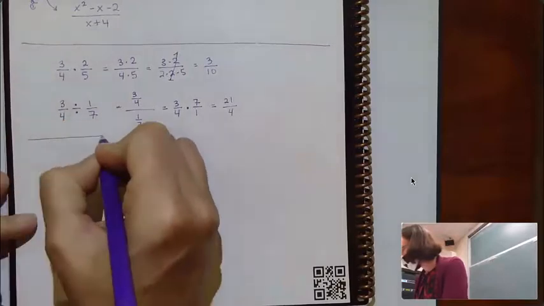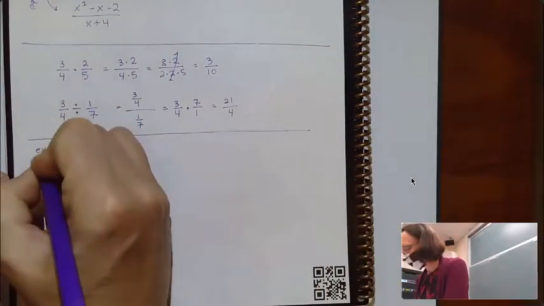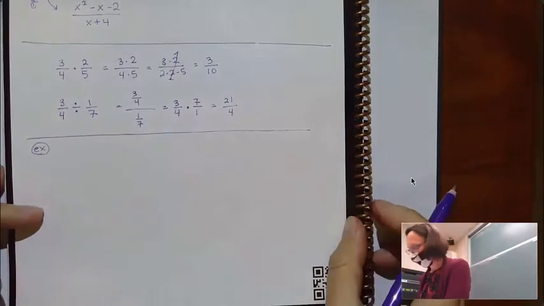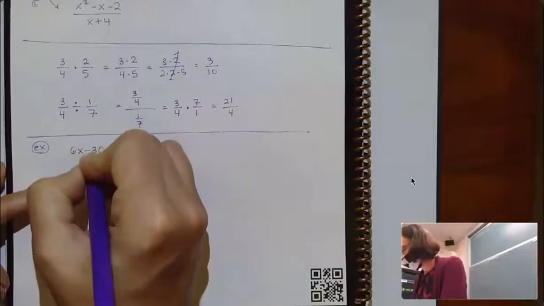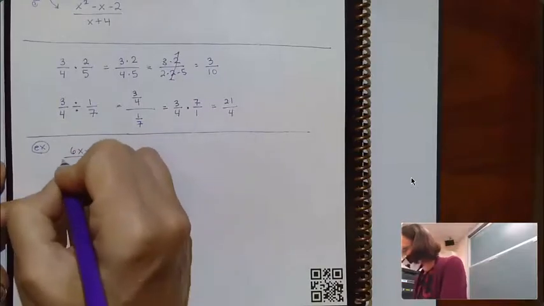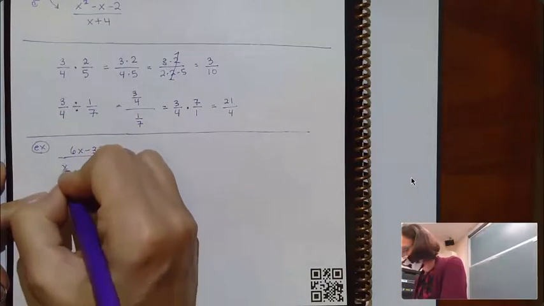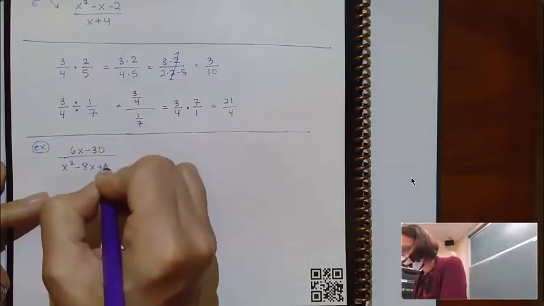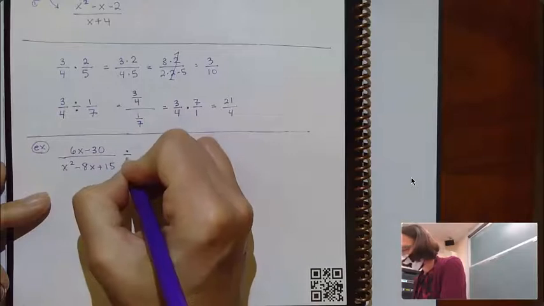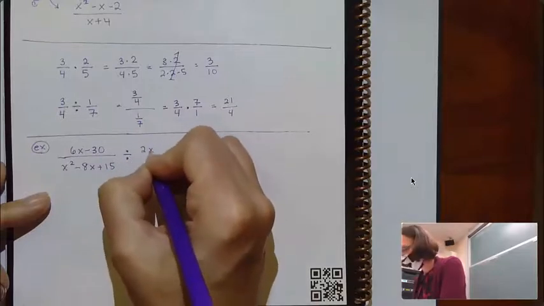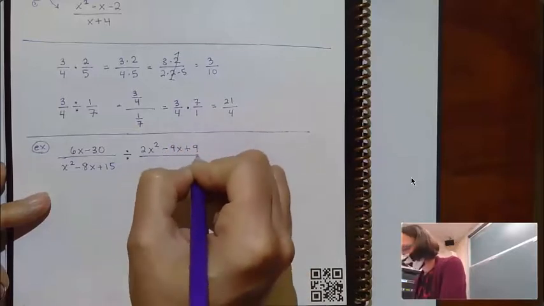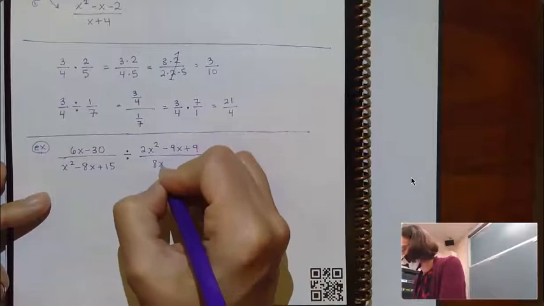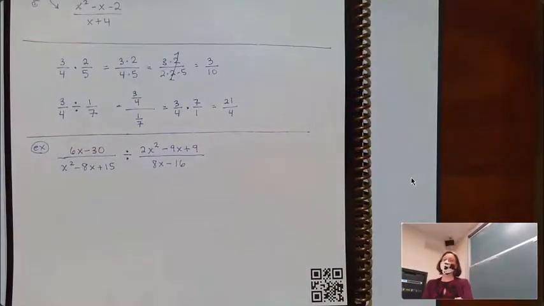So let's do an example with division. And let's say that I've got 6x minus 30 over x squared minus 8x plus 15, divided by, and I'm writing this the way that it is most often written in our textbook, even though that is rarely how it would appear in calculus.